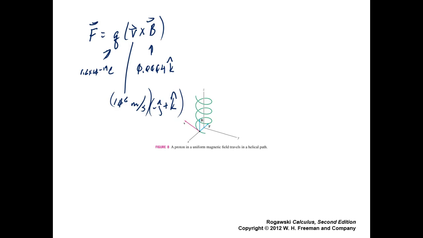This is a scalar number. It can be pulled out just like the 1.6 times 10 to the minus 19 coulombs can be pulled out. It has dimensions on it, so you just multiply those two together. But you don't need to carry this around in both of those. You could. That would be all right.